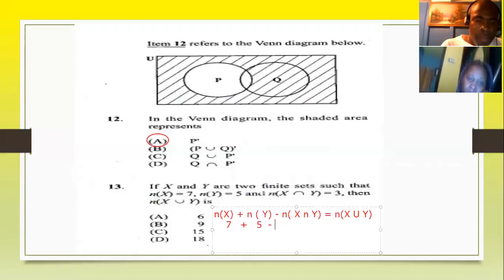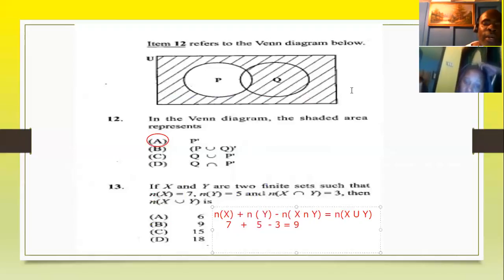How much is that equal to now? 9. Yeah, 9. Good. The answer is 9.